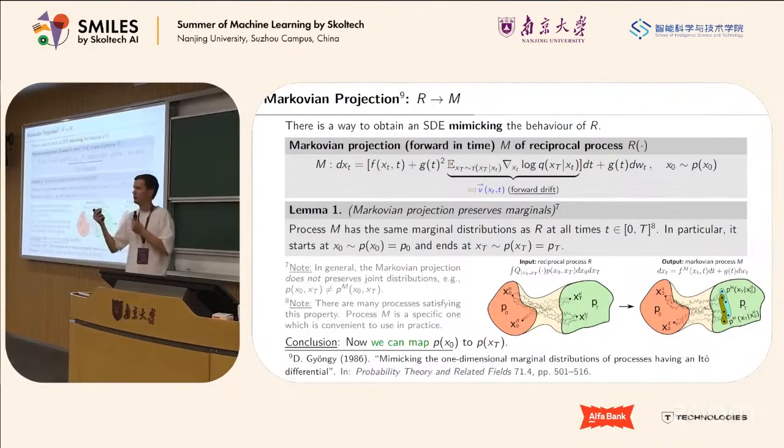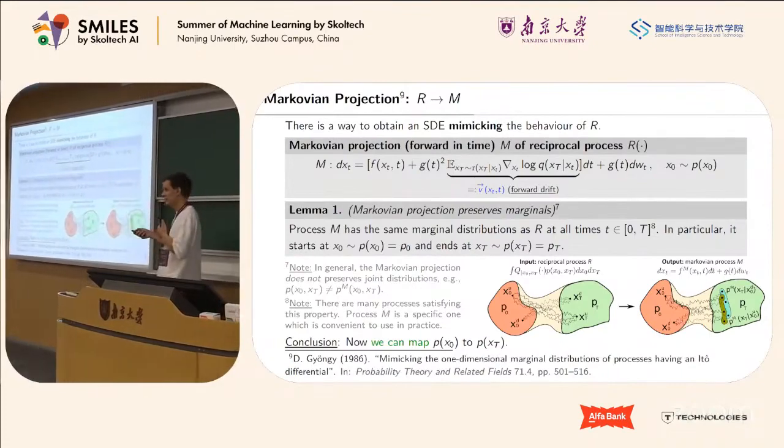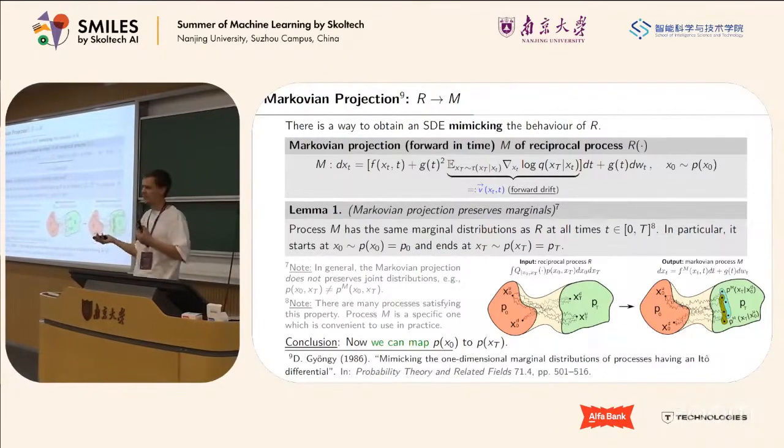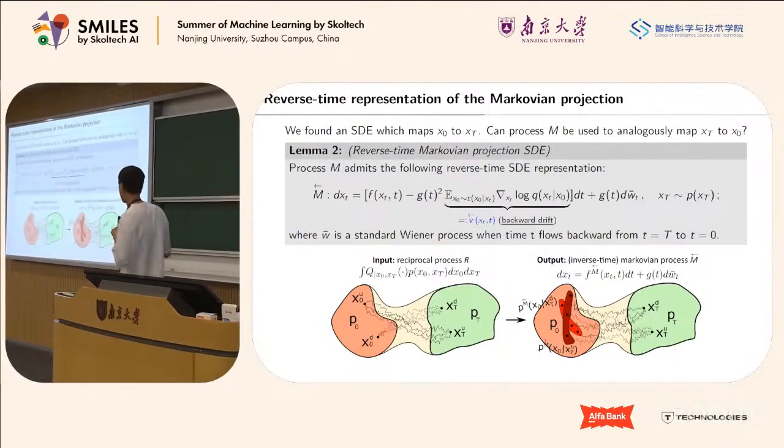But you cannot do it. You can do only the reverse thing. You can only sample the intermediate point given endpoints. So this is, again, theoretically correct, but practically it is intractable. Fortunately, there are some ways to learn it.